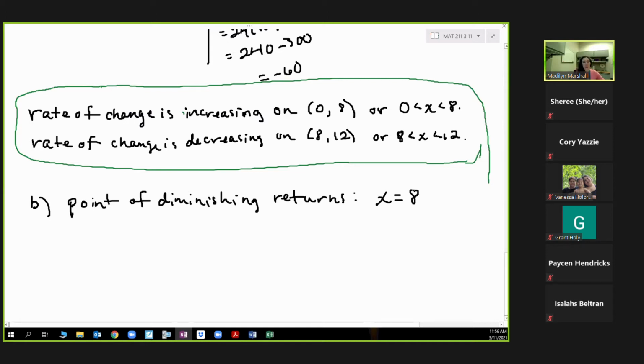It's the actual x value in the function. So even though it would actually be $8,000 that we're spending on advertising, since the function says x is in thousands of dollars, the actual point of diminishing returns is just the x value from the function. So it is 8.